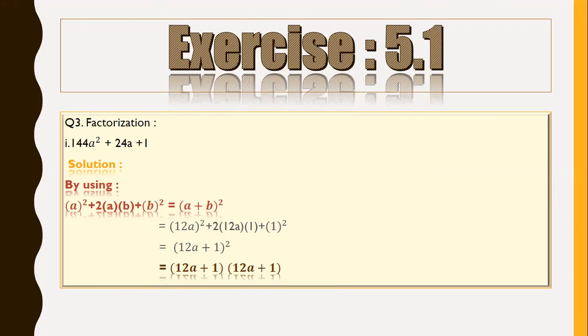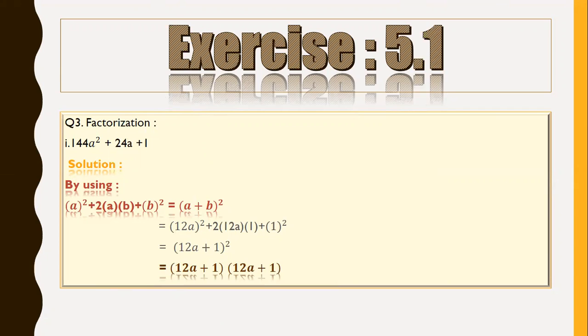Now you see in this part 144, and 144 is a square of which number? 12. You have the calculators, so you take the square root of 144 and you directly get the value, which is 12.